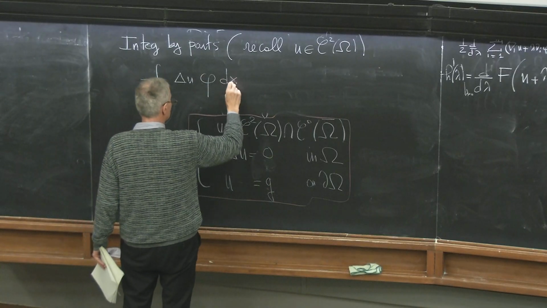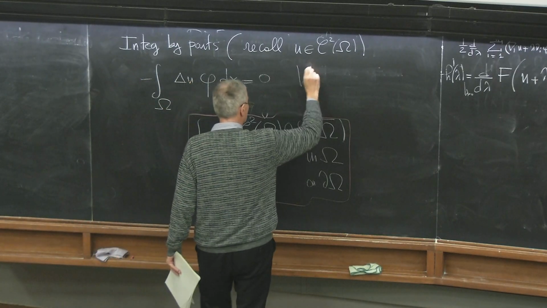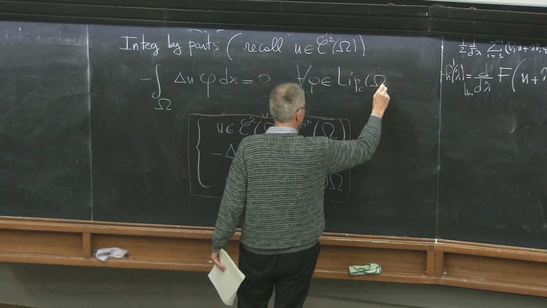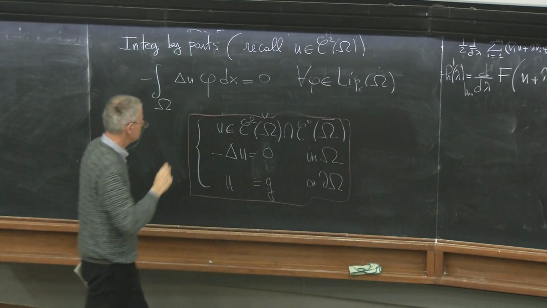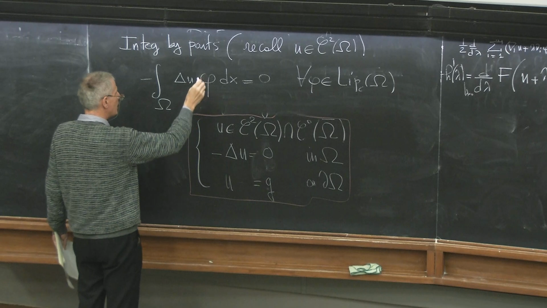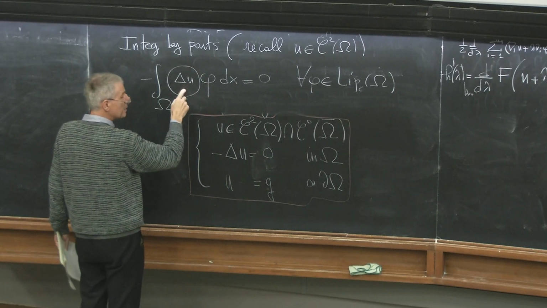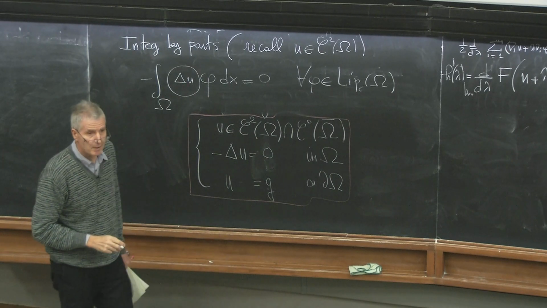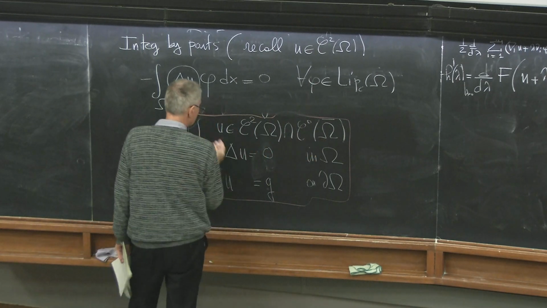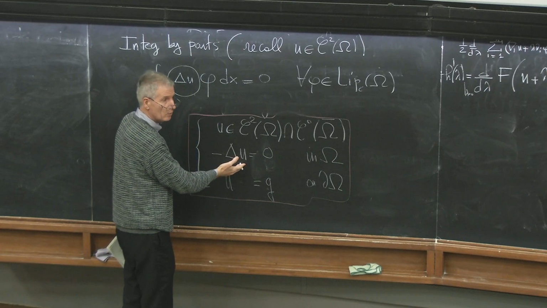So this is equal to 0 for any phi. Now, since this must be true for any phi, the object inside, since u is C2, must be equal to 0 pointwise everywhere, which means that u solves the Laplace equation.